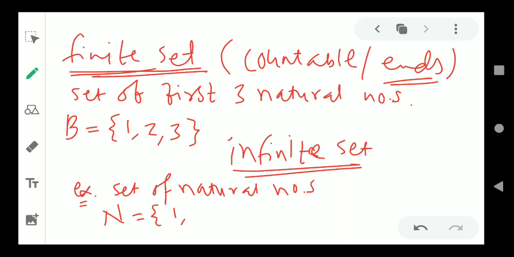For writing any finite or infinite set, there is a rule. Just write the first 3 elements, then put a comma, then put 3 dots and close the curly bracket. It means this list is non-ending, so this representation is an example of infinite set.